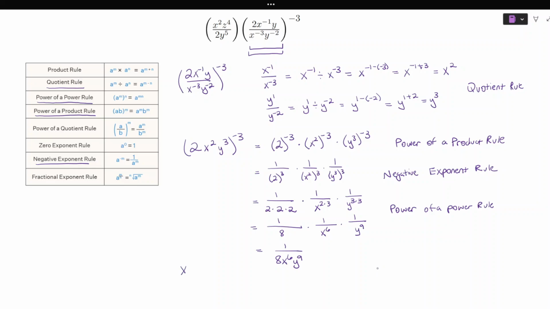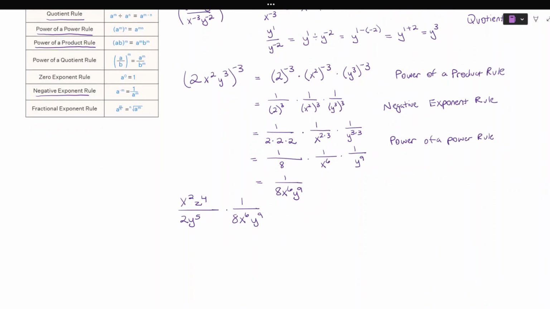So I'm going to have x squared z to the 4th over 2y to the 5th multiplied by 1 over 8x to the 6th, y to the 9th. So the numerator is just x squared z to the 4th times 1. So it just stays like that.